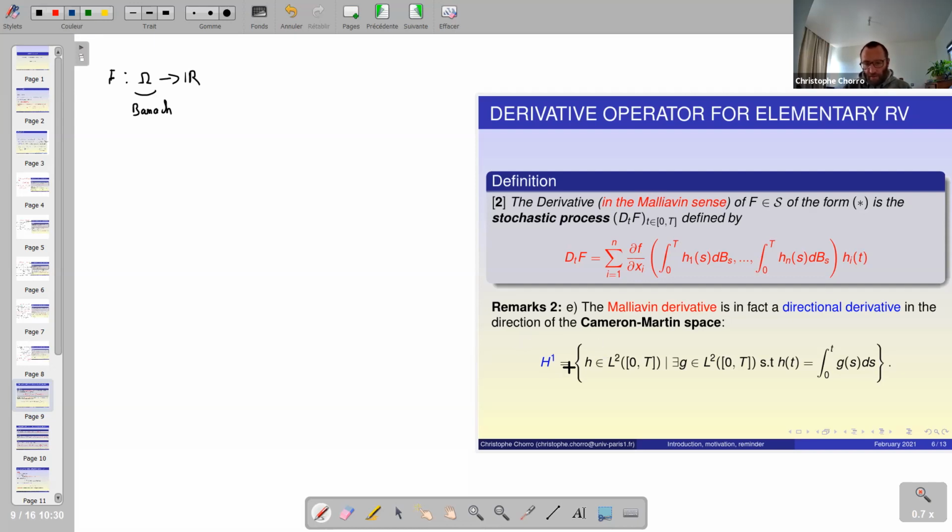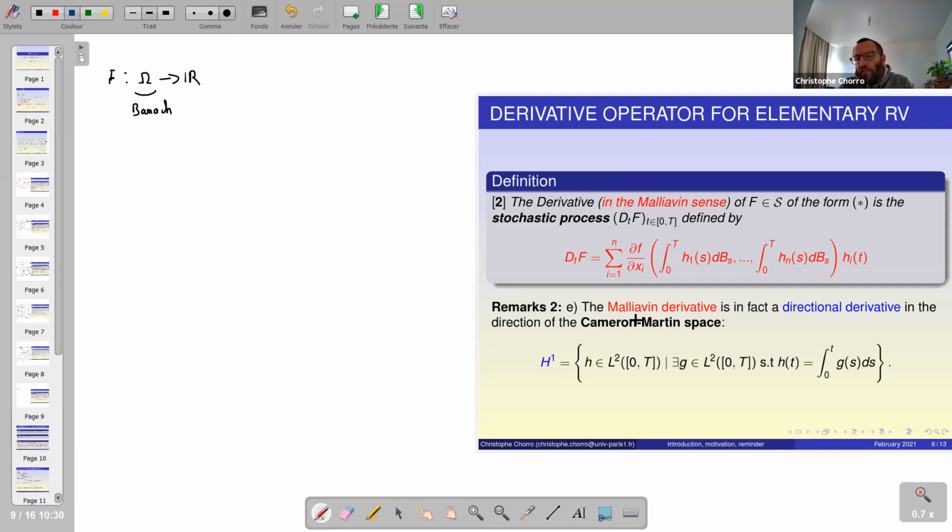So first, let's define what will be the set of the directions. I define here H1, that is what we call in functional analysis the Cameron-Martin space. So probably few of you have heard about the theory of distributions, but if you have, okay, just let me remind that the H1 space is just the set of the mappings in L2 that are differentiable in the sense of distributions with a derivative that is in L2.